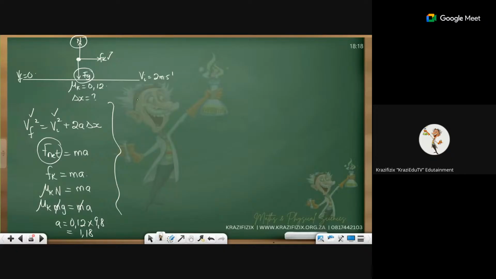Let's fix it now. 0 squared. You have to substitute the negative. And I have delta x. Please do the maths. Get me delta x, everybody. So please take note: negative, because of deceleration.